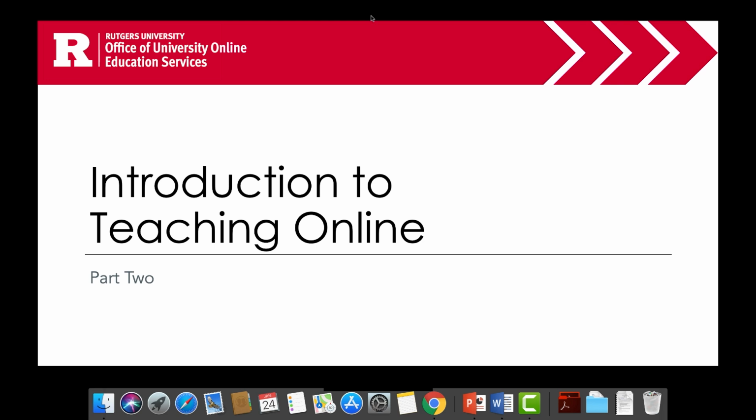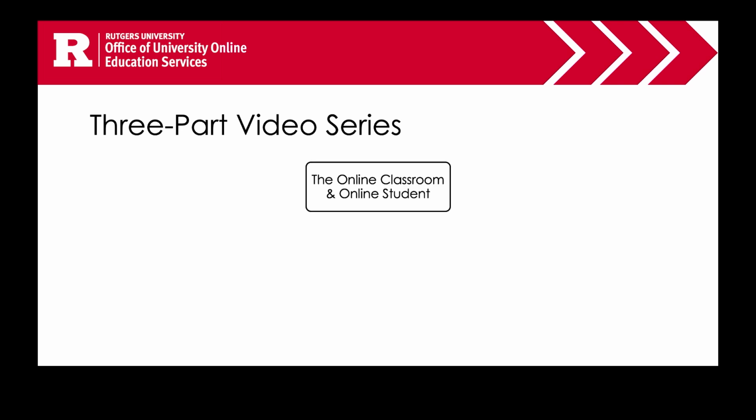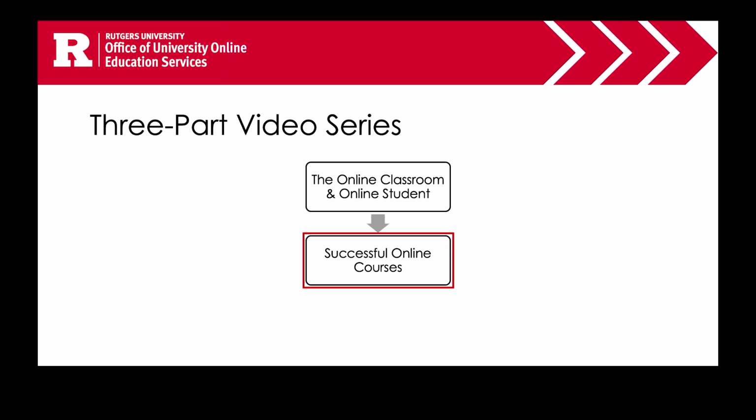Please note, this is part 2 of a 3-part video series. If you have not already done so, please pause this video and go back and watch part 1, which covers the online classroom and the needs of the online student. Part 2, which you are currently watching, will cover the 3 components of a successful online course.